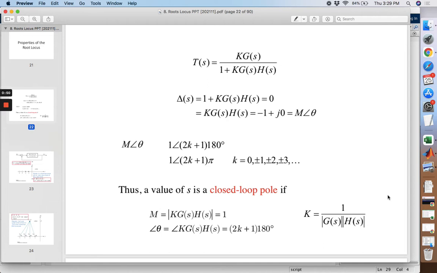We can say that a value of s is a closed loop pole if the absolute value of KGH equals 1, as well as the angle theta of KGH equals (2k plus 1) multiplied by 180 degrees.